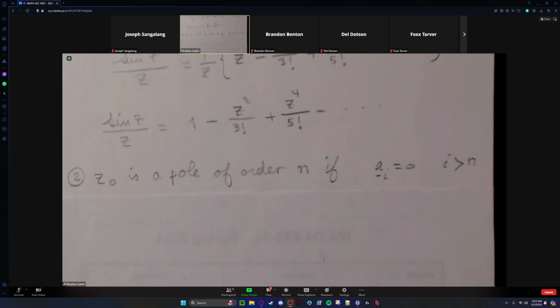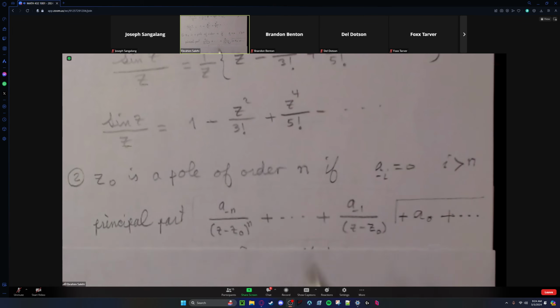The second category of singularities is what we call a pole of order n. For a pole of order n, when you look at the principal part, which contains the negative exponents, it terminates here. Beyond this one, we don't have any other.